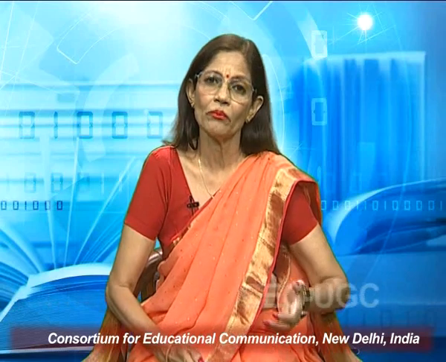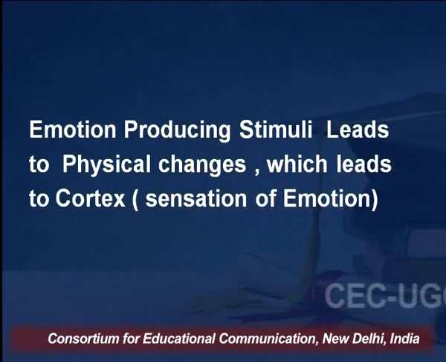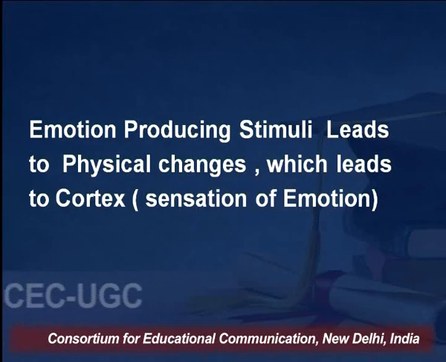What do we mean by physiological arousal? A very simple thing: the physical or bodily changes occur first, then we experience the emotions. Emotion-producing stimuli lead to physical changes, which lead to the cortex, that is, the sensation of emotion.